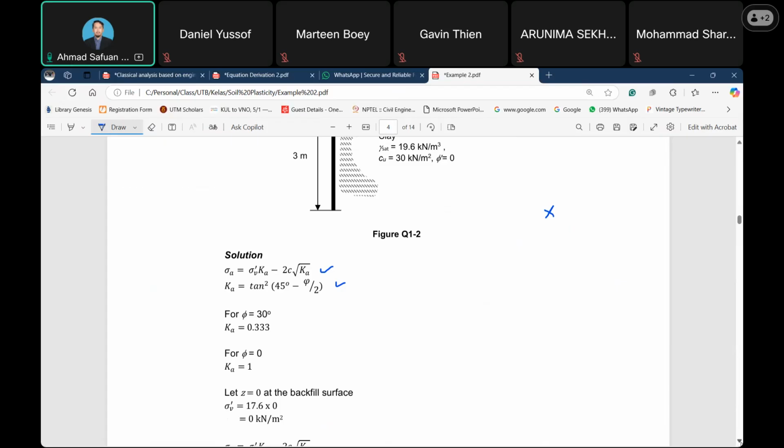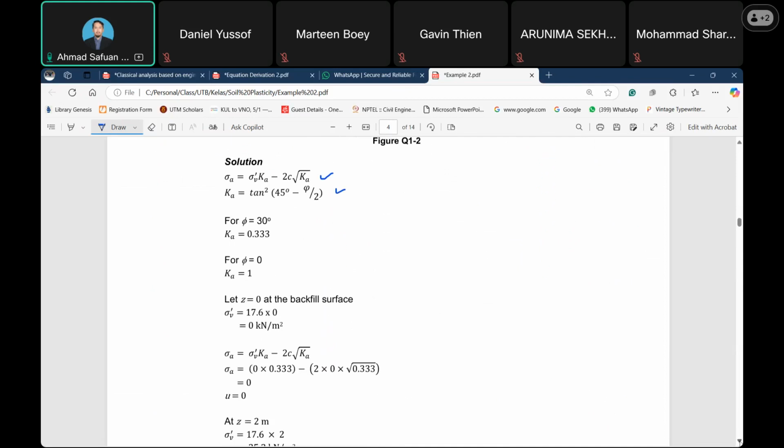So then start first with the top of the soil.